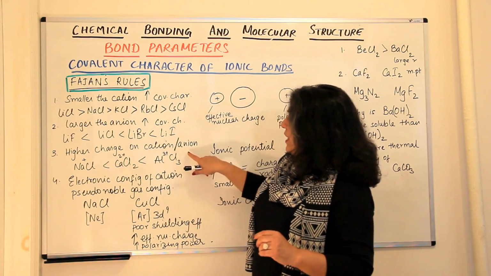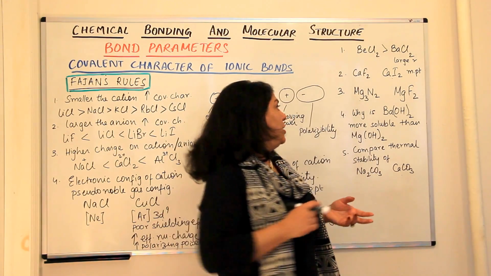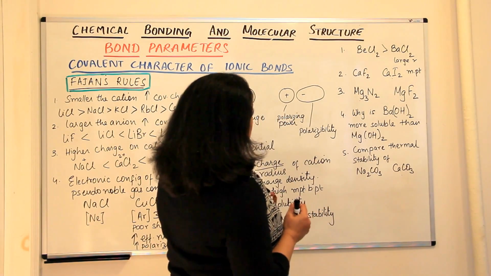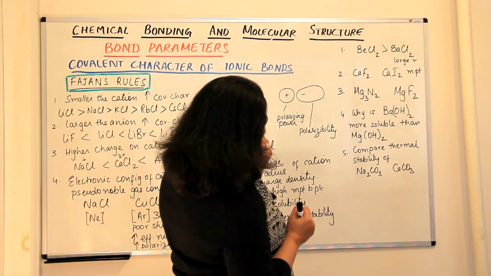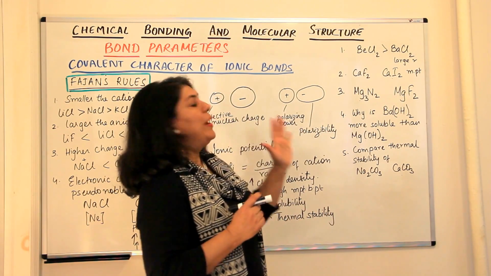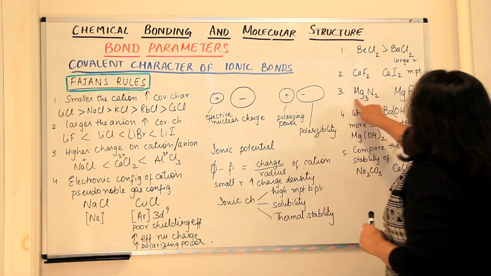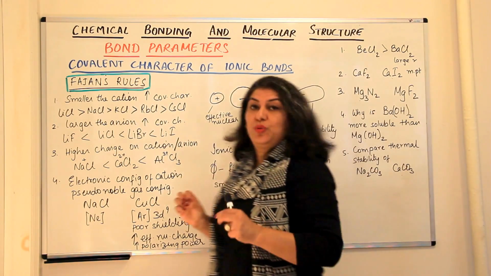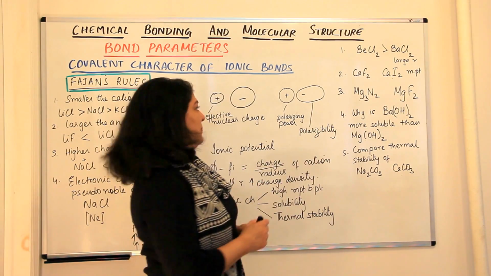On the other hand, if you have an anion which has a larger charge, let us take an example here. Mg3N2 and MgF2. If you look at these 2 compounds, which one do you think would have a greater covalent character?